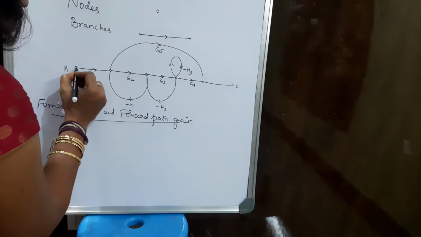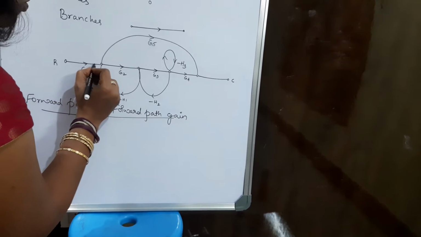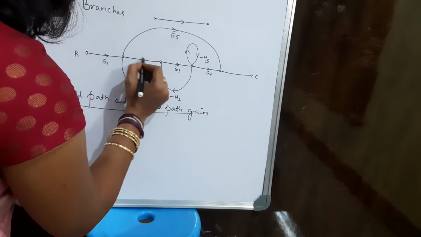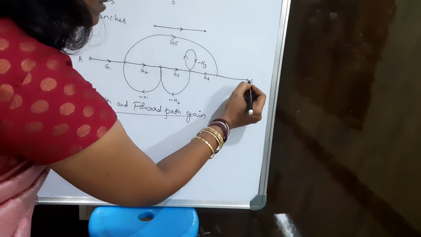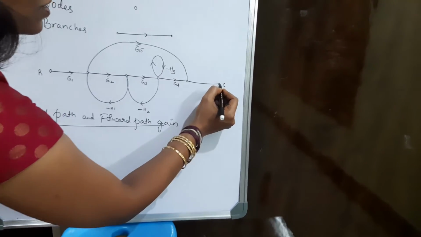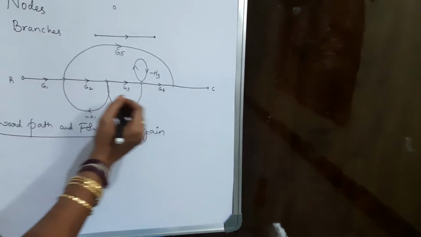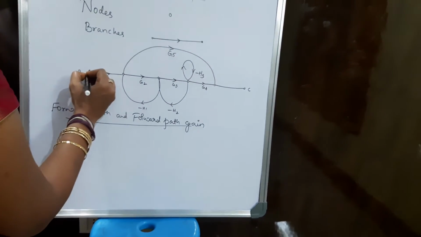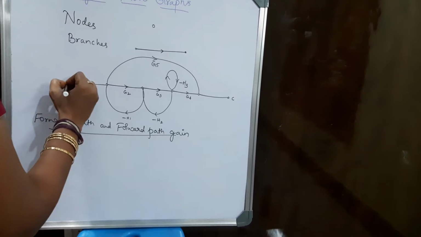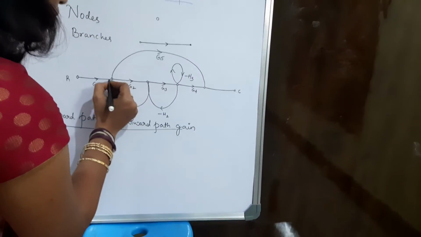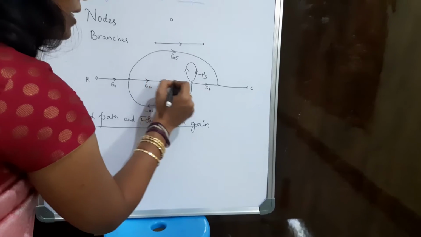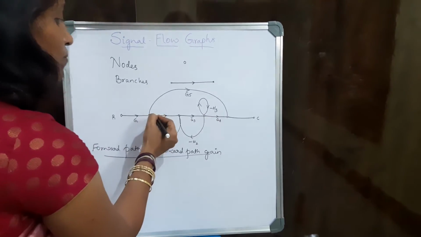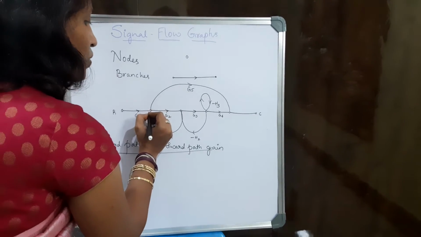So if I consider this arrow mark, it goes into this node, then reaches the last node, that is the end node C. So I can consider this path, which travels from the input node to the output node without entering these intermediate nodes more than once.